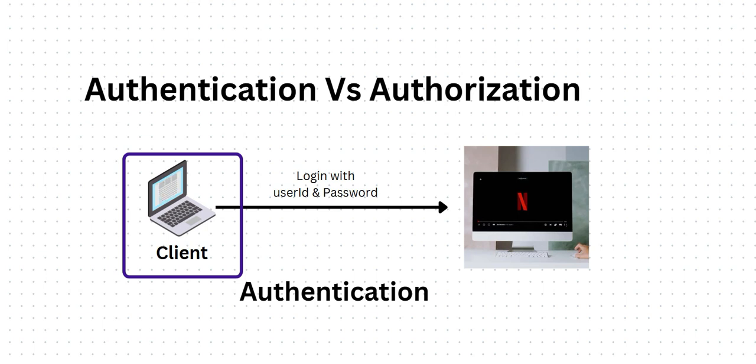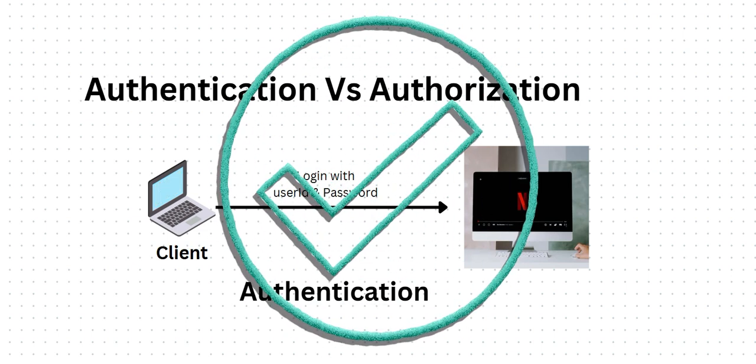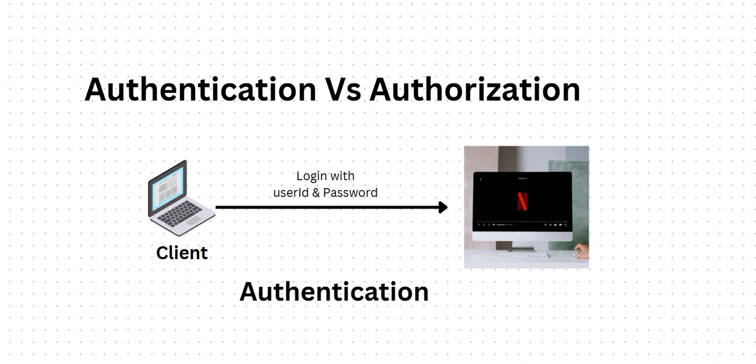Netflix checks whether your credentials match the record in the database or not. If your credentials are correct, then Netflix confirms your identity and grants you access to your account. This process of verifying who you are is called authentication.